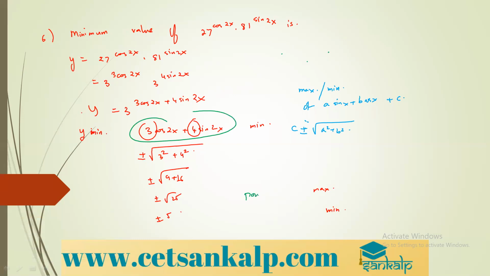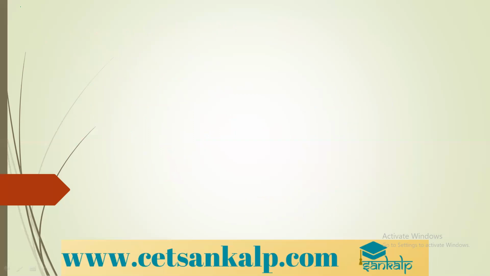So, power's maximum value is 5. The power's minimum value is minus 5. So, if you want the minimum, you have to take 3 power minus 5, or 1 by 243 is the minimum value. That's it. This is more easier than going through all those things.